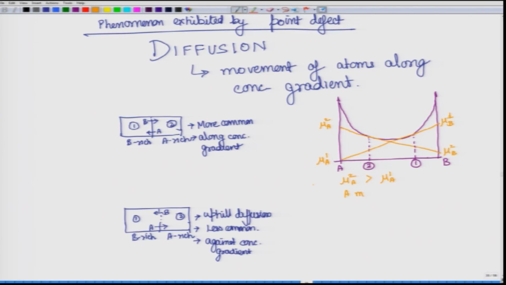So, we know that to get to lower energy, the system must attain or try to achieve lower chemical potential, and therefore the A component will diffuse from 2 to 1.